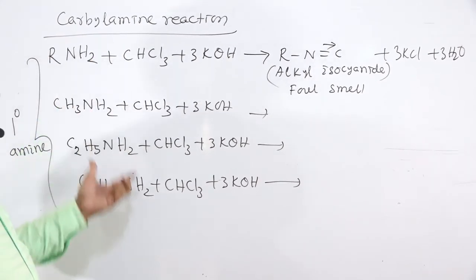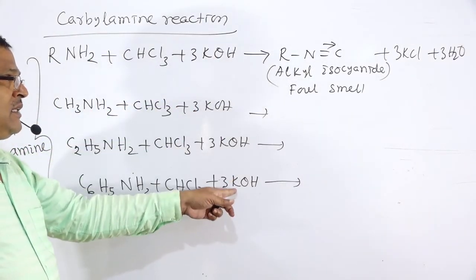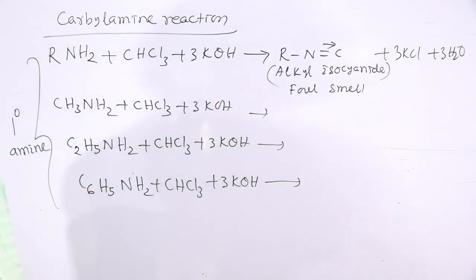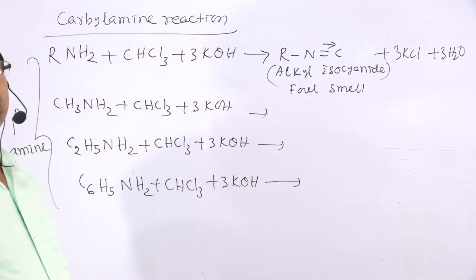So whenever a primary amine reacts with chloroform and KOH, there is the formation of alkyl isocyanide, which has a very foul smell.